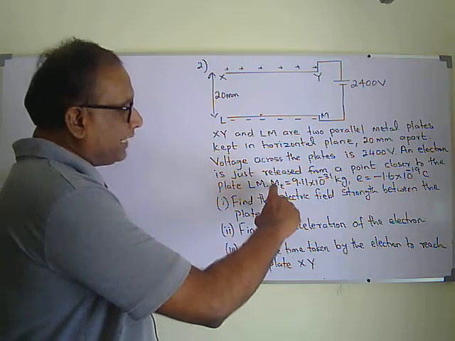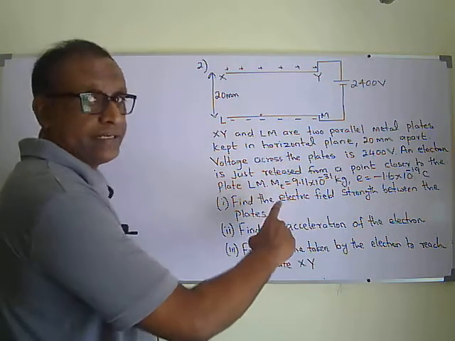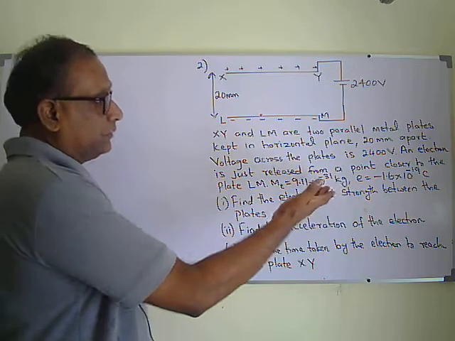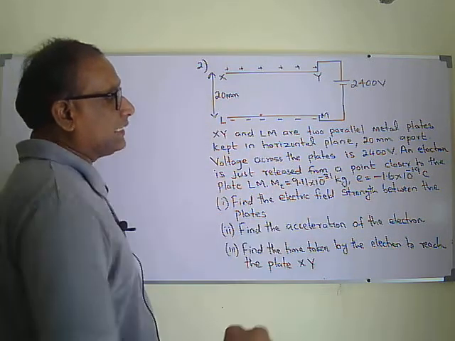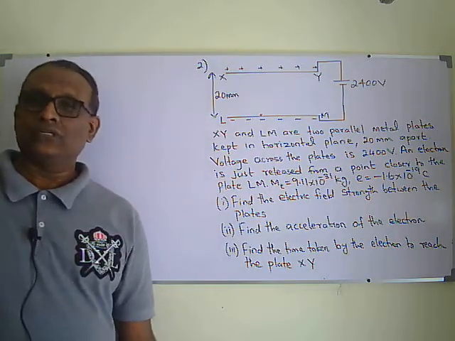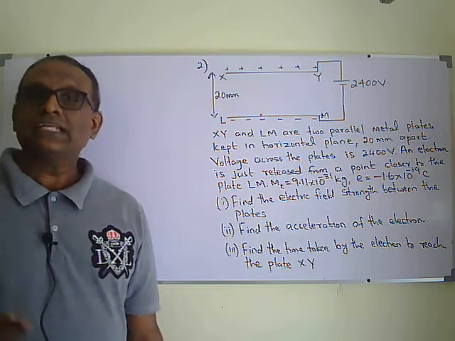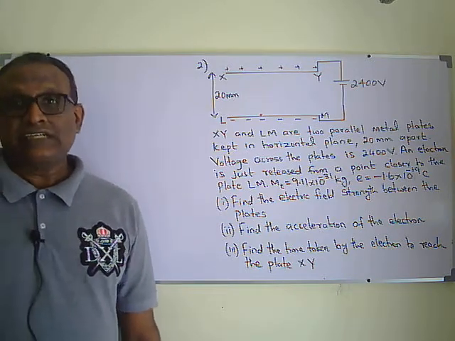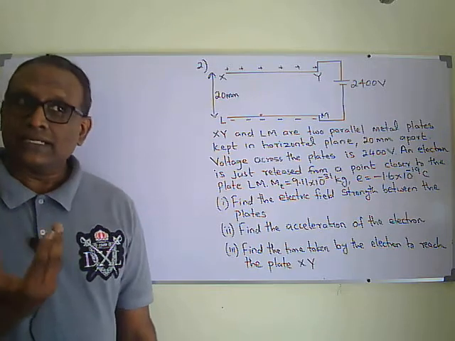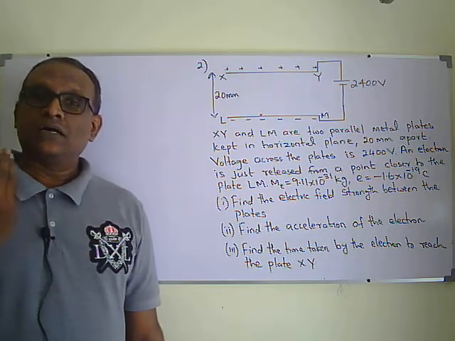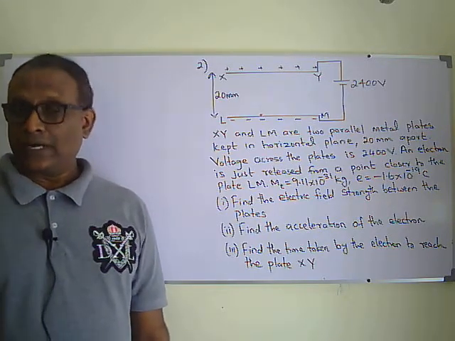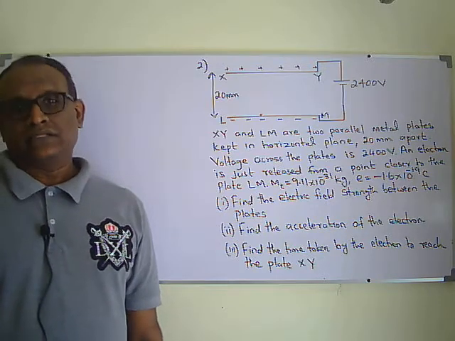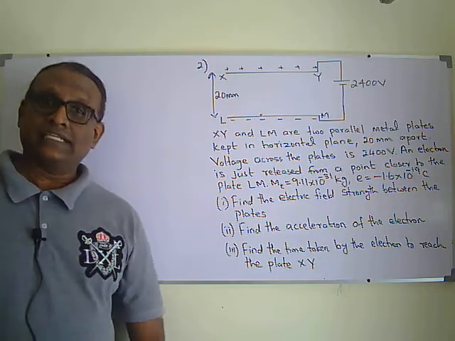So the weight, if you multiply this by 9.81, say just 10, will be 9.11 × 10^-30 Newton, very small. We can ignore the gravitational effect on particles such as electrons, protons, or alpha particles, even atoms. Okay? We can neglect the gravitational effect.